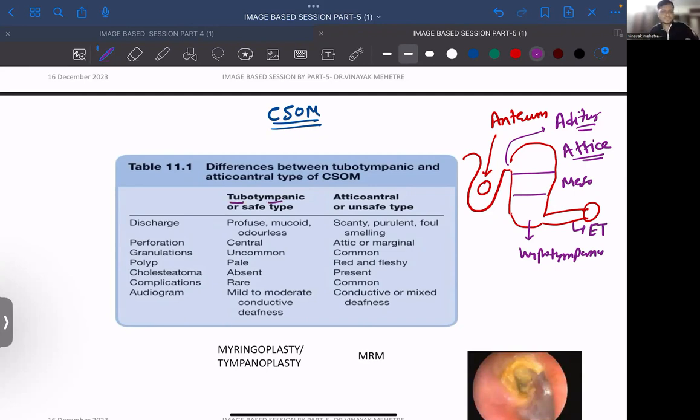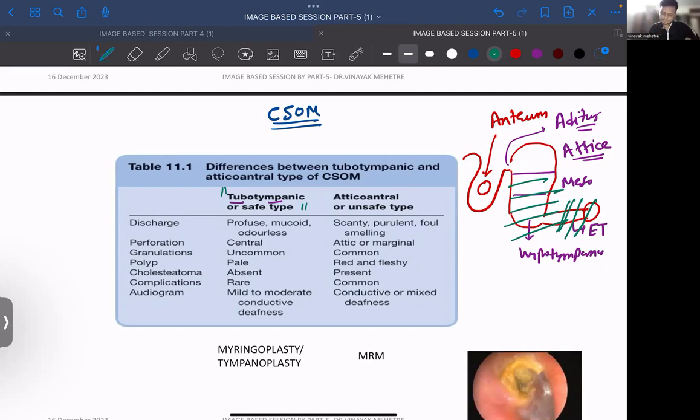Tubotympanic, what does it mean? Which tube do we have? There is only one tube, the eustachian tube, plus the tympanic membrane is involved. It will be called tubotympanic or safe CSOM.